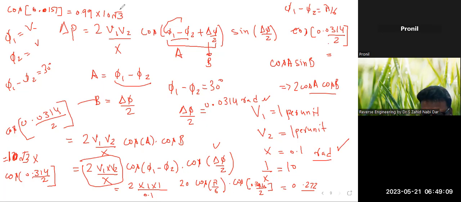That is correct. Sir, what this slide does is they directly took that as delta phi. They took that cos out. They didn't take cos of delta phi by 2. Then you can also do it directly. But how is it possible?